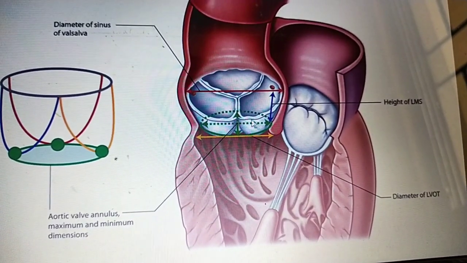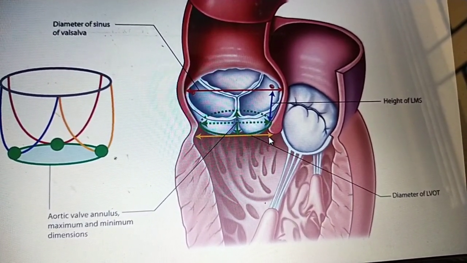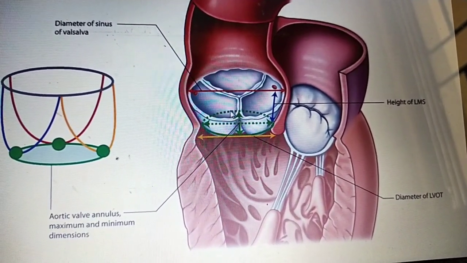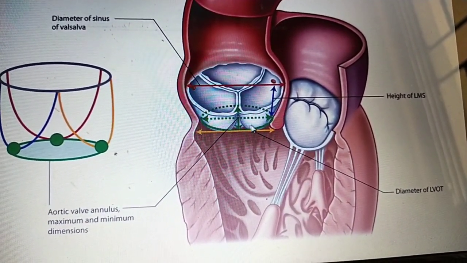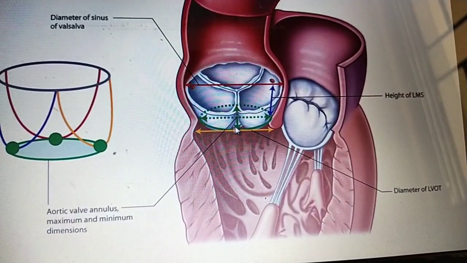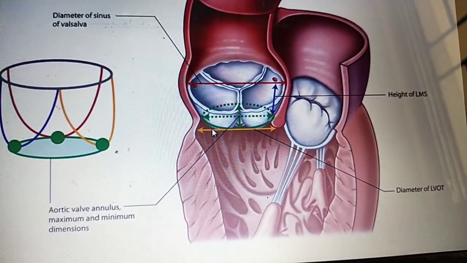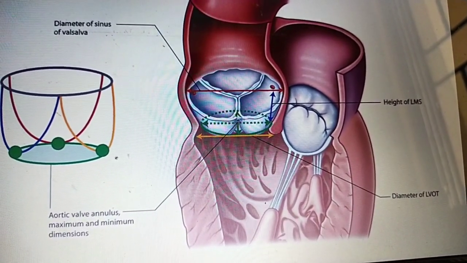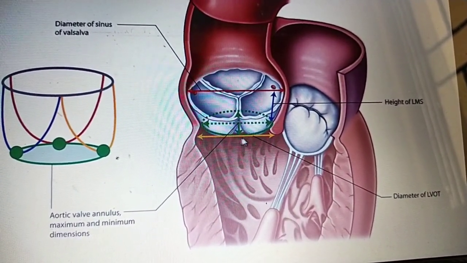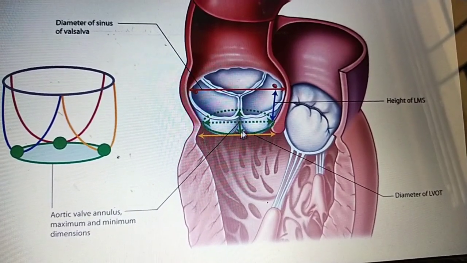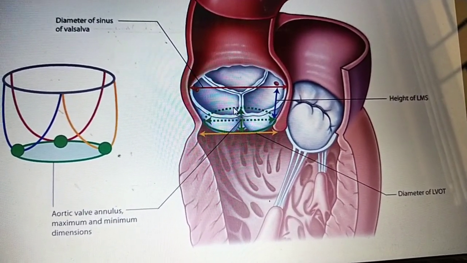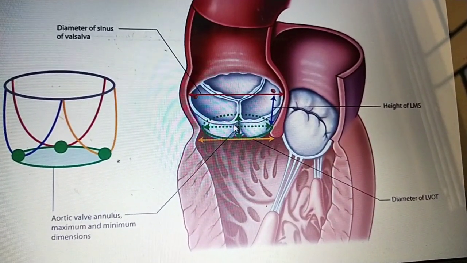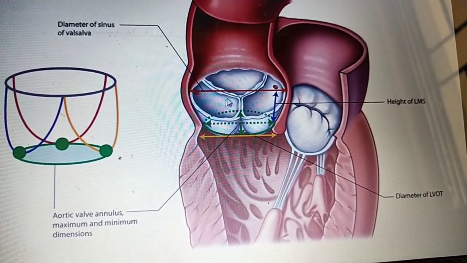This annular ring is called the fibrous annular ring, or the aortic annulus. It is present at the orifice of the aorta, and it holds the valves of the aortic valve, or semilunar valves. Here are the cusps.